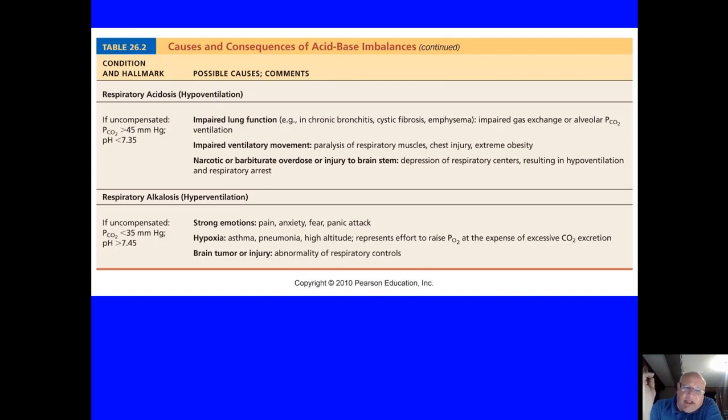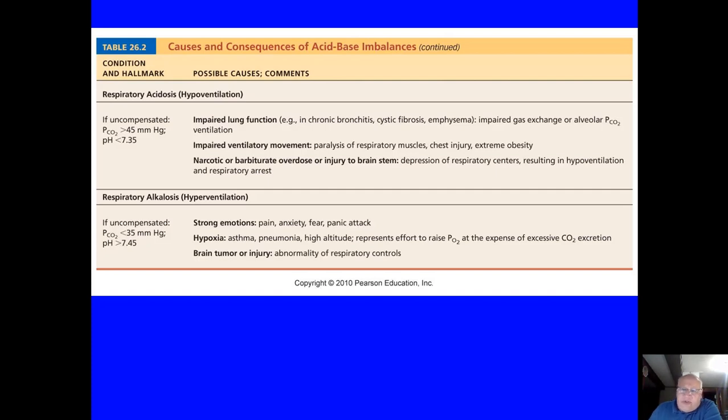Hypoxia can be caused by asthma, pneumonia, high altitude. High altitude, yes. What you have to think about is you go to Denver, or some of the higher altitudes. What happens? The quantity of oxygen in that thinned air is less. Your body will attempt to increase its ventilation to compensate for the lesser quantity.